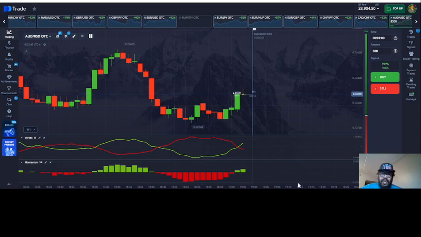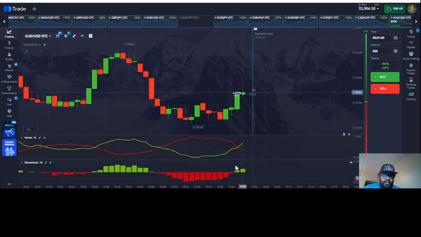Okay, so I'm on the Aussie dollar, US dollar OTC pair, and I just took a buy trade here. The reason I took the buy trade is, first of all, we're seeing some bullish candles forming here, suggesting a bullish trend currently. Then, if you look at the vortex indicator, there's a growing divergence of the two lines here, the separation of the lines.